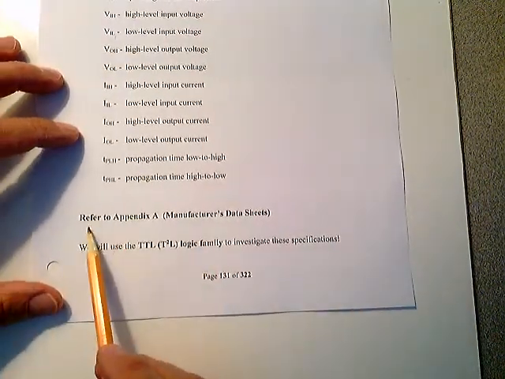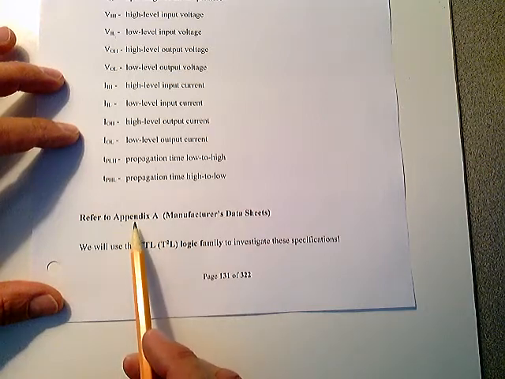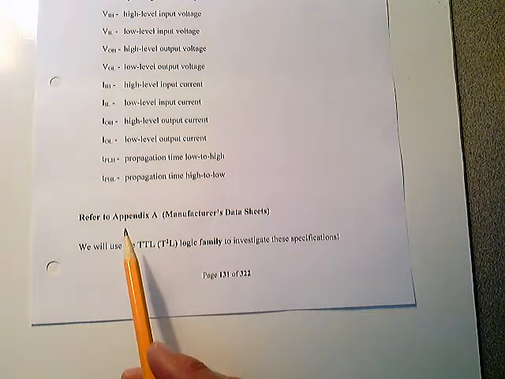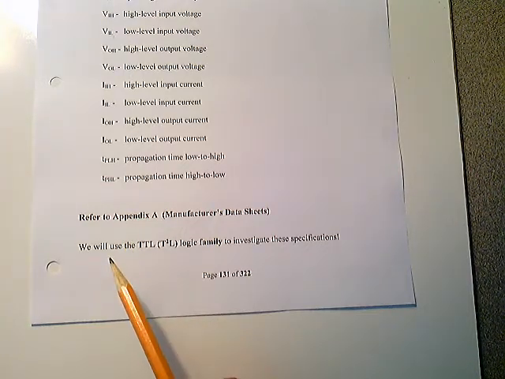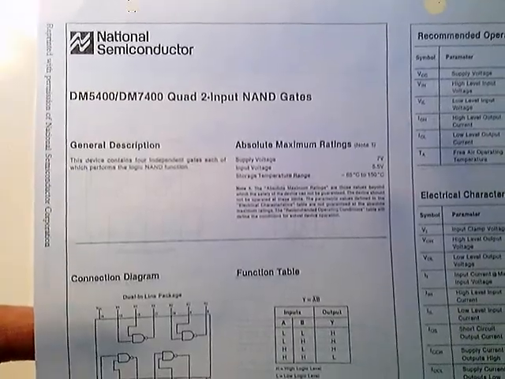In order to go through this, we need to get out your manufacturer's data sheets. In particular, I want you to get page 173 in your specs. It's the quad 2 input NAND gate, and it's going to look like this. This is the specification that I would like you to get out because we're going to be using it.